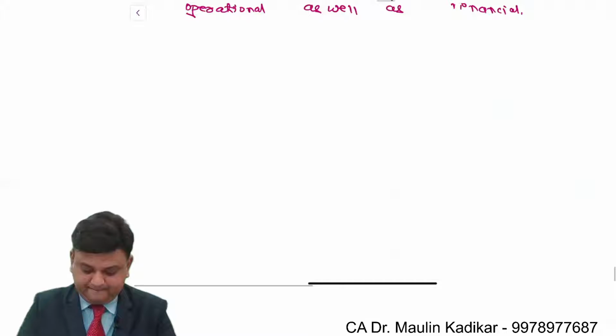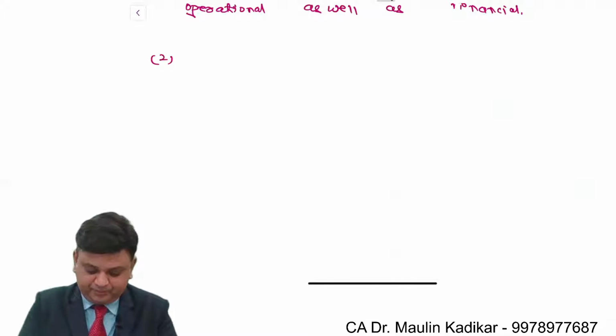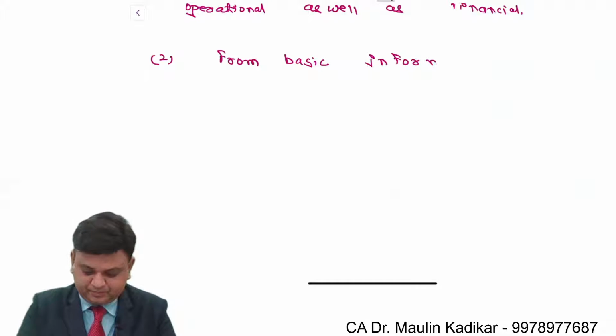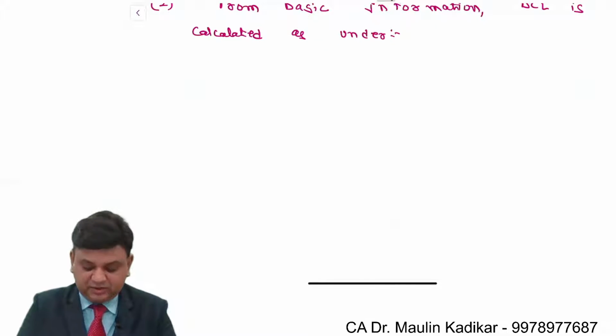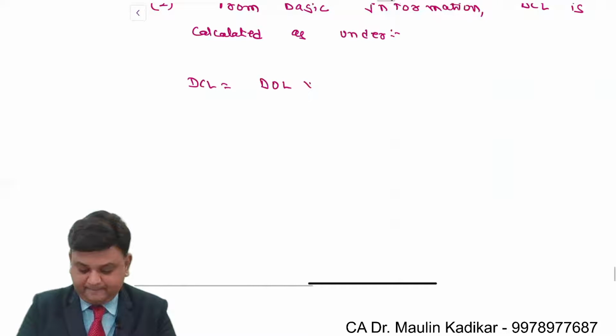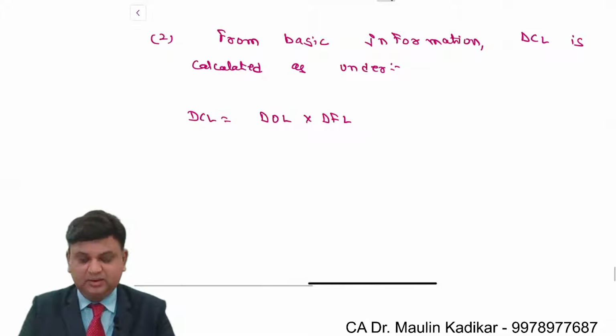Second point, from basic information, comma, DCL is calculated as under. Write down the formula. DCL is equal to DOL into DFL. So multiplication of both of them is DCL.